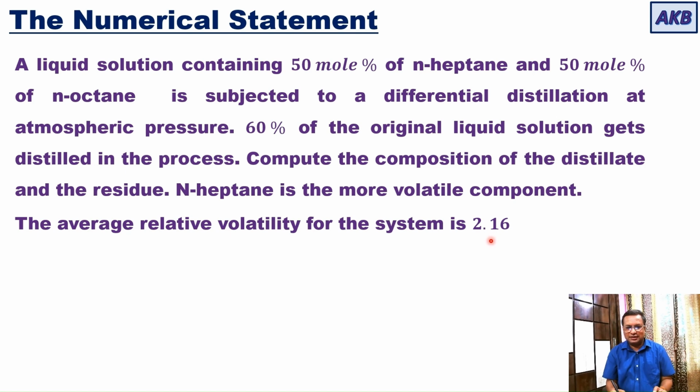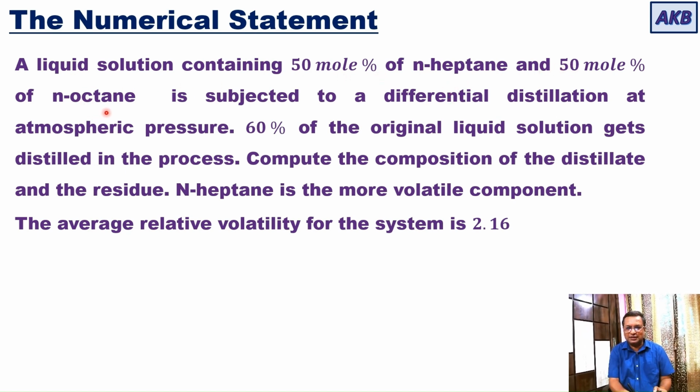And this relative volatility is considered to be constant. Then and only then can we use the analytical solution of Rayleigh's equation. So this is a constant relative volatility, and we are going to use the analytical solution of the Rayleigh's equation for getting XW.